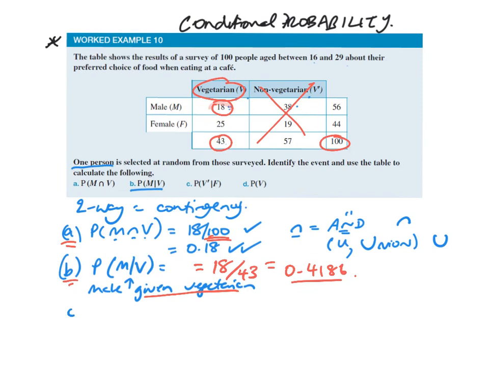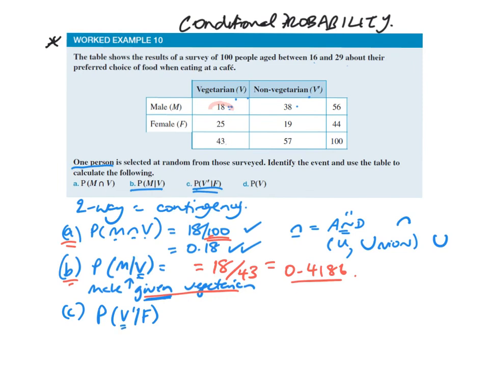Question C. That particular approach to B is conditional. Given is a condition, something like a restriction. The restriction is this vegetarian event here. I'm going to rub that out now so we can attack the next question, which uses this little code with a little dash: probability of vegetarian dash. That means not vegetarian, given that they're female.